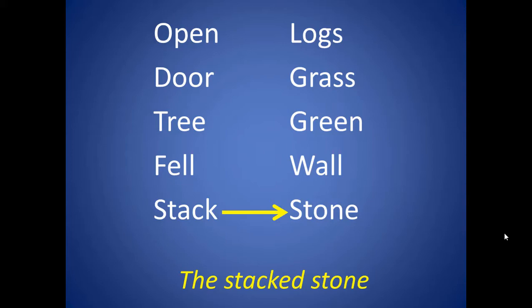You can stack something, that's a verb, but in this case we're using stack as an adjective, because the only thing that's important here is where stack is in relation to the other words, and here it's in front of stone. So we've made a construction, the stacked stone, where stack is an adjective because it's in front of a noun.